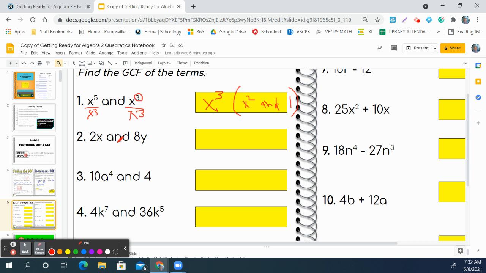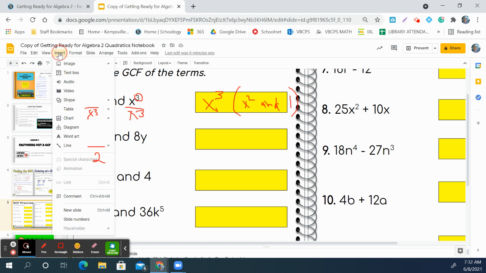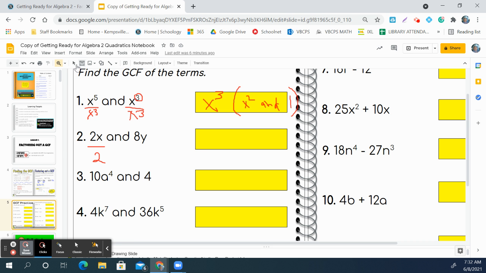What can I take out of 2x and 8y? So on the keyboard, you can go up to insert and then special. Oh, no, you can't do special characters. I just do the caret. So if I was writing on this.